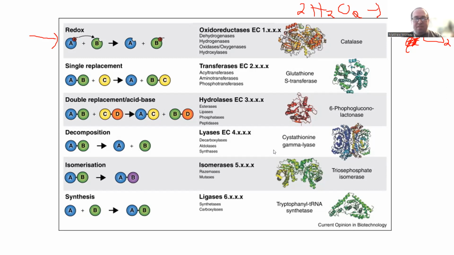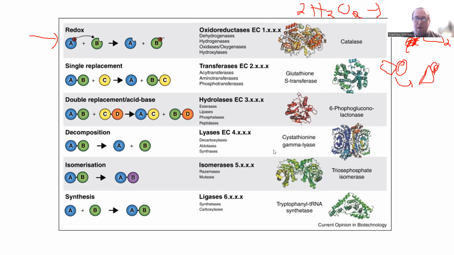There are transferases. Transferases move things from one place to another, right? One of the biggest examples of this are phosphotransferases or kinases, right? So an enzyme that has a phosphate group then moves it to another molecule.